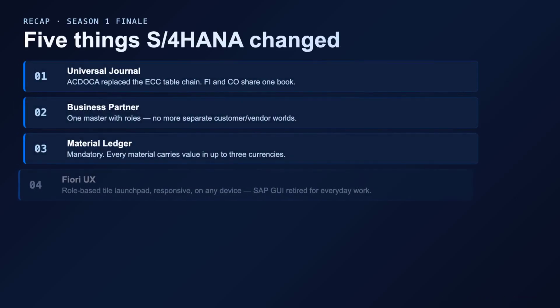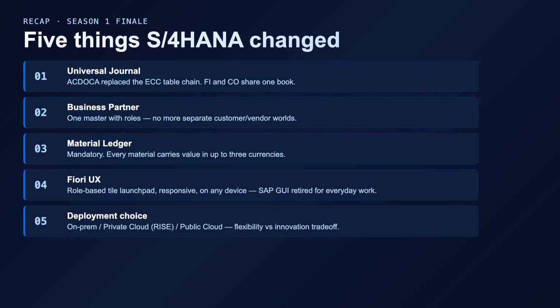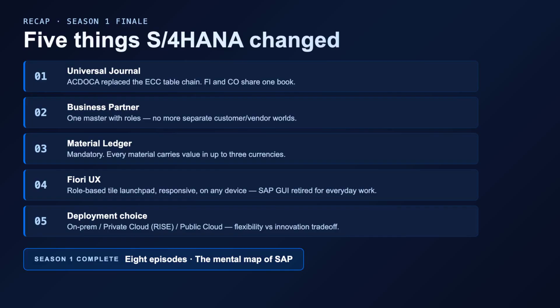Quick recap. SAP S/4 HANA. 5 things changed. The Universal Journal ACDOCA replaced the ECC table chain. The business partner. One master record with roles.